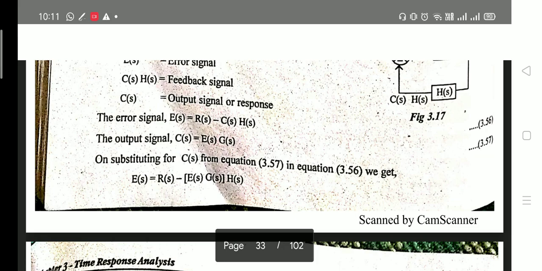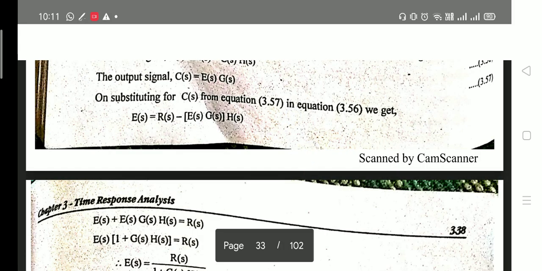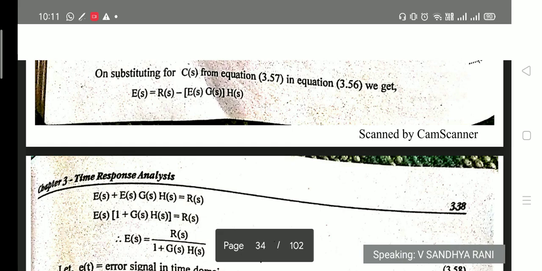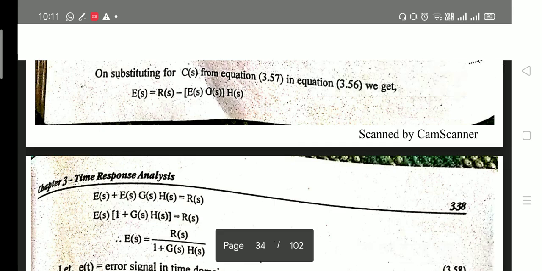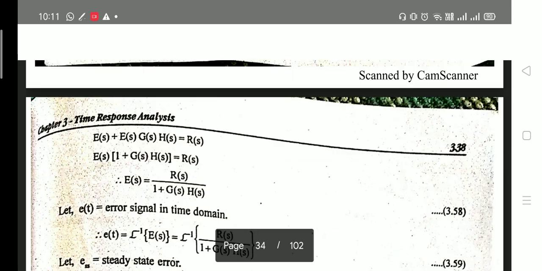Here E of s is equal to R of s minus E of s into G of s into H of s. Bringing it to one side, we get E of s plus E of s G of s H of s is equal to R of s. E of s is common, so we get 1 plus G of s H of s times E of s equal to R of s. From this, E of s is equal to R of s by 1 plus G of s H of s.